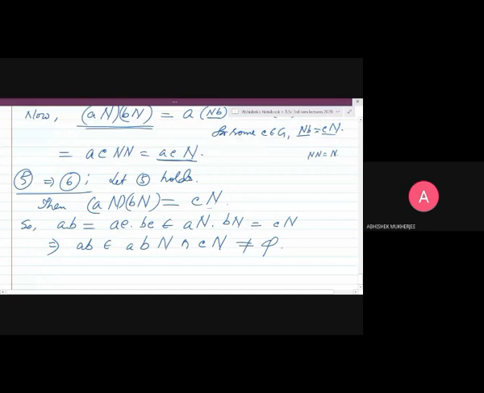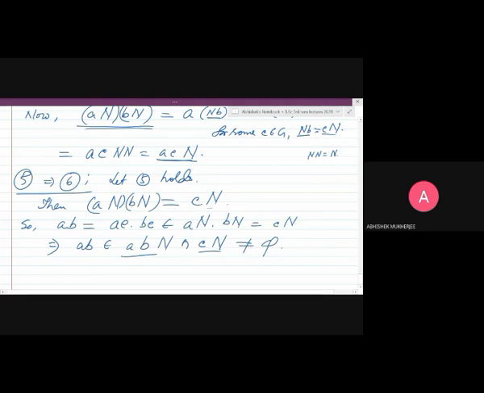But we have proved that these left cosets are actually equivalence classes determined by the equivalence relation A is congruent to B modulo N with respect to the left relation, and being equivalence classes, any two equivalence classes are either identical or disjoint.